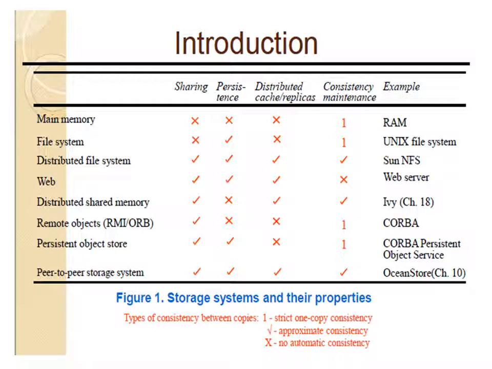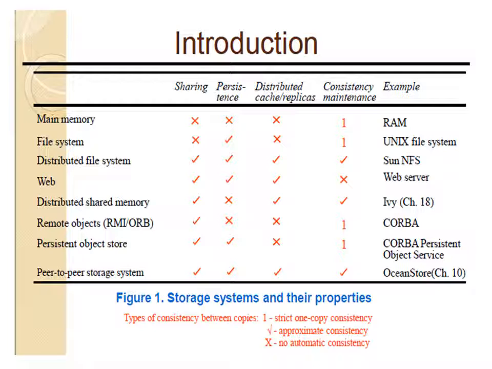Next one, distributed shared memory. Here information can be shared, there is no persistence, distributed caches will be there, and consistency maintenance will also be there. An example is IVY, CH18. Next one, remote objects.